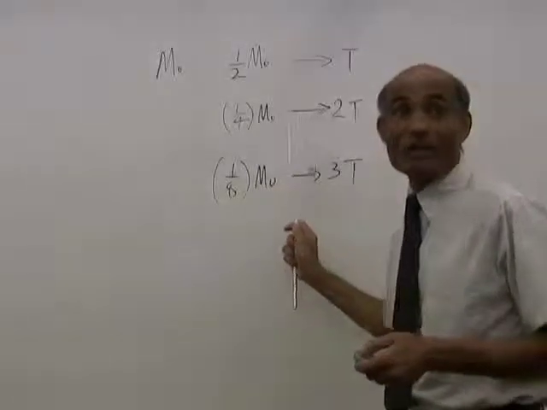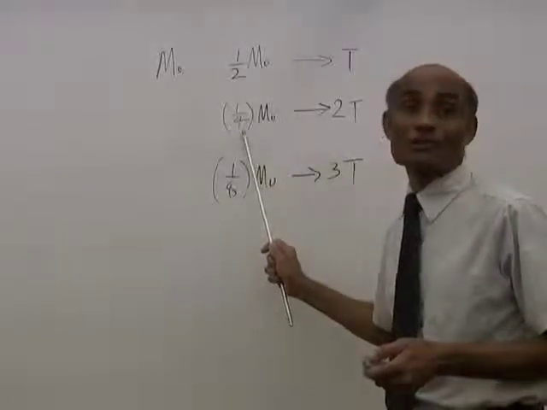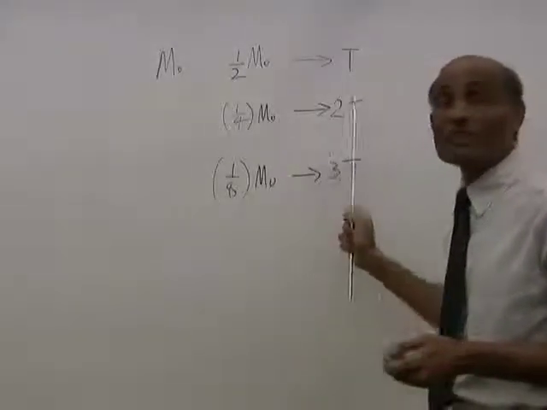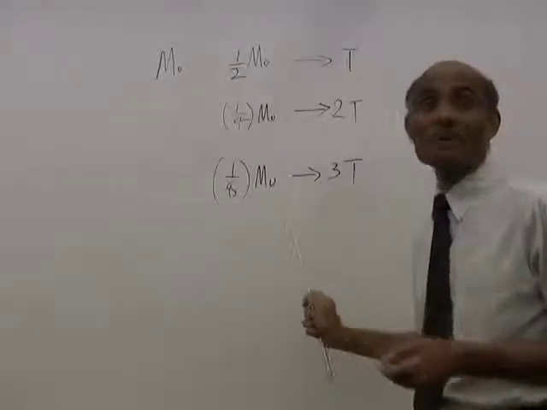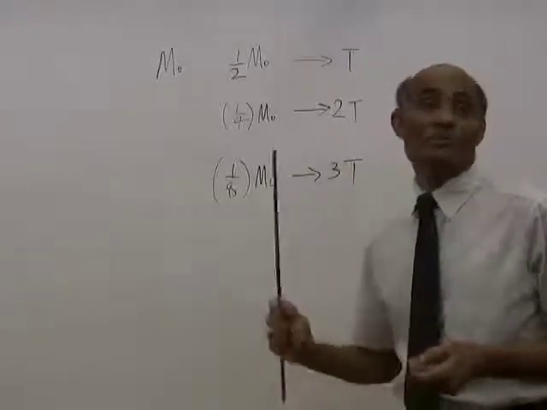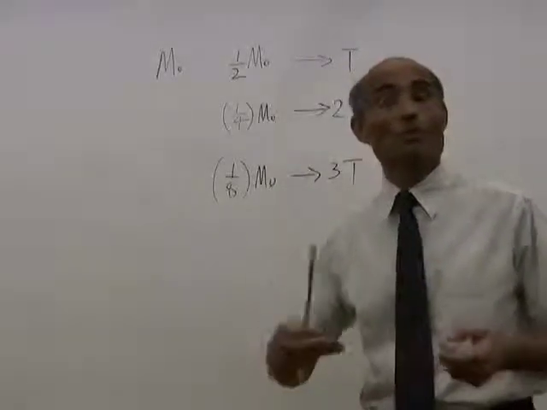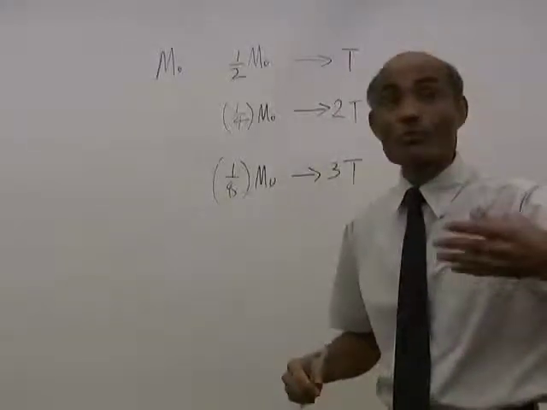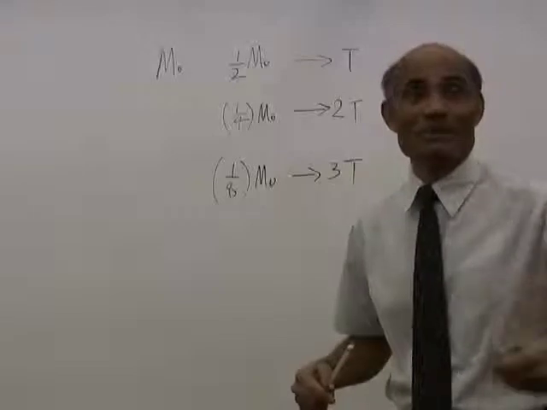After another half-life, only 1/4 of m0 is left. After three half-lives, only 1/8 of the original radioactive material is left. What happened to the rest? That rest became the daughter element.